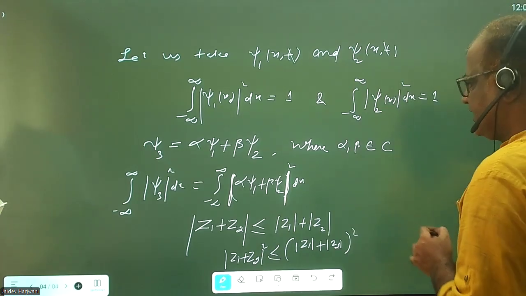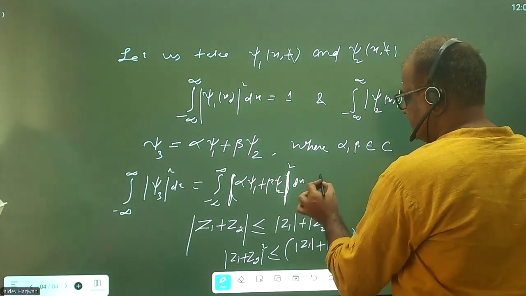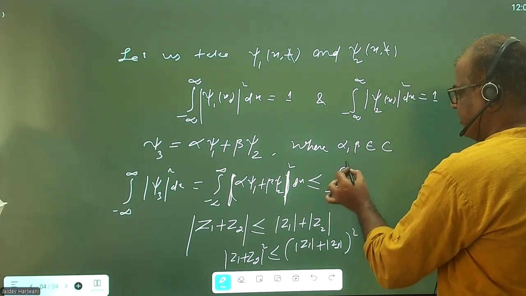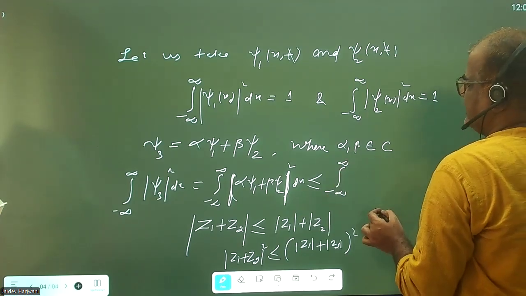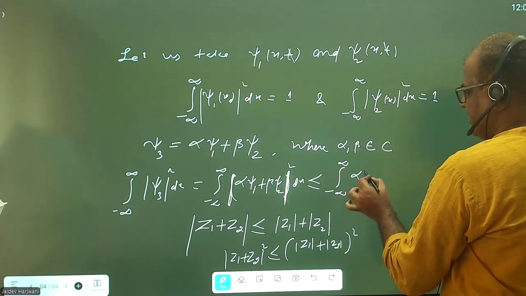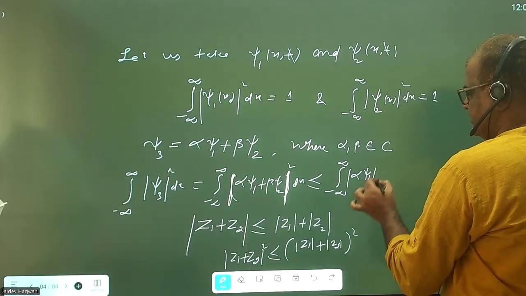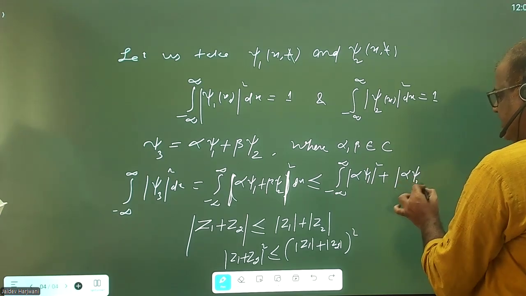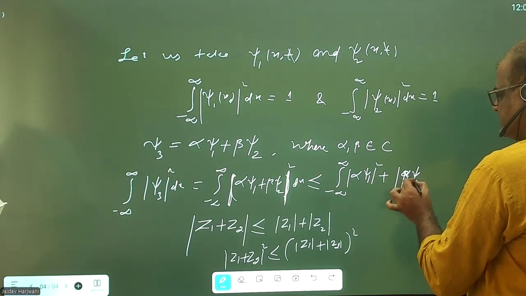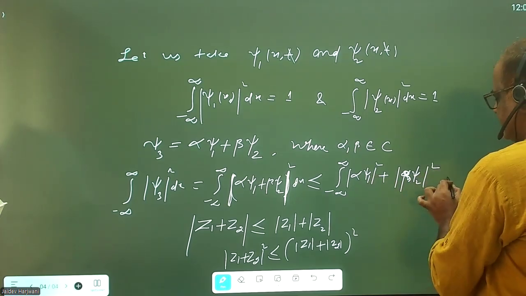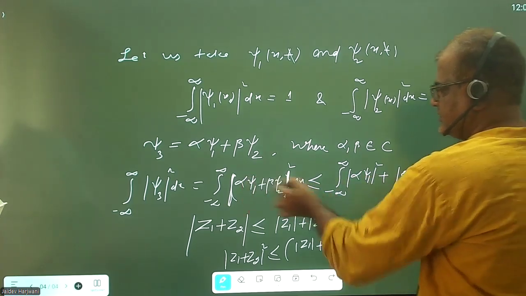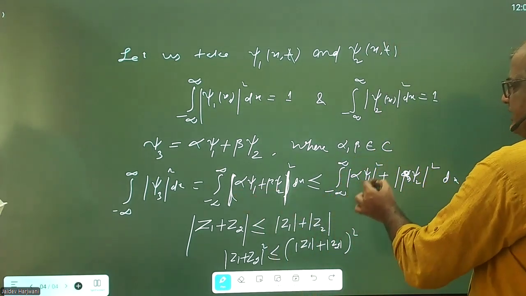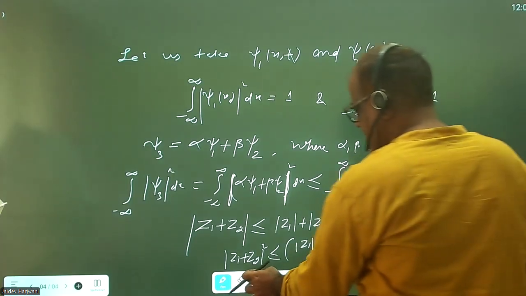So I can write this quantity is less than or equal to the integral from minus infinity to infinity of mod of alpha psi 1 plus mod of beta psi 2, square, dx. I'm taking this as z1, this is z2.